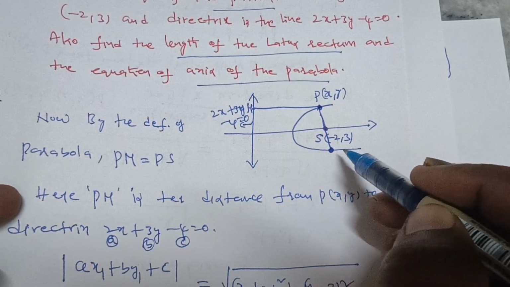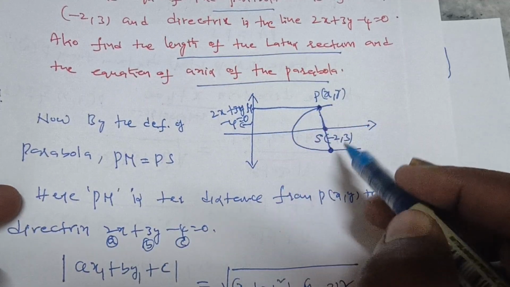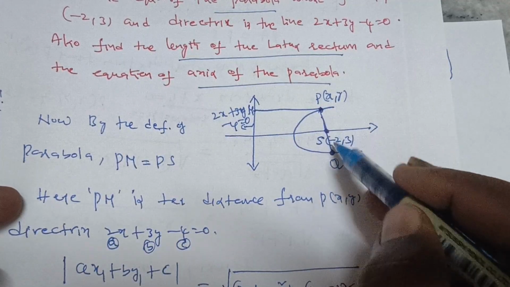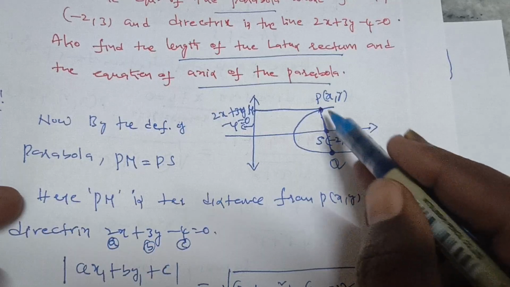Suppose we assume it has P here, M here, and assume Q. So here PQ is the latus rectum.